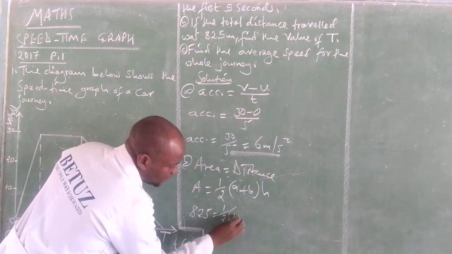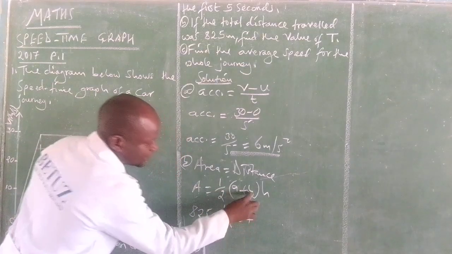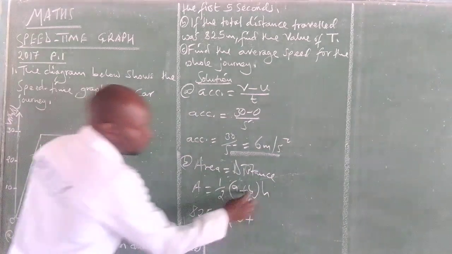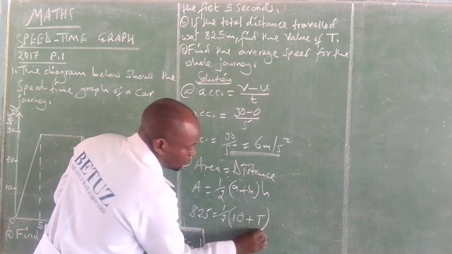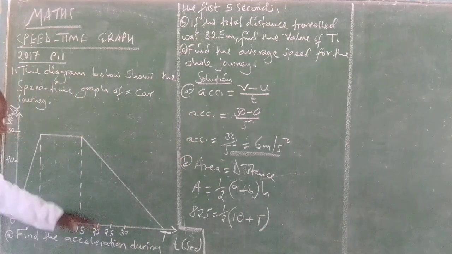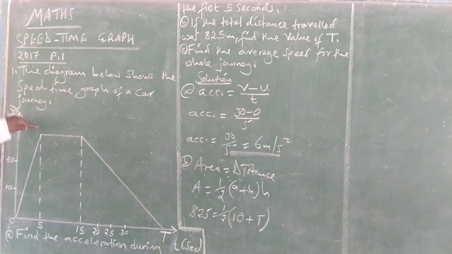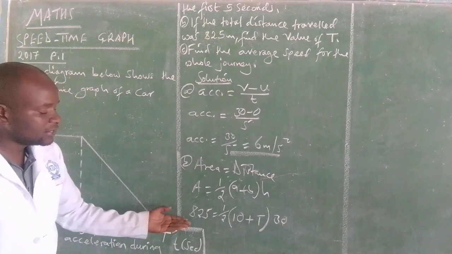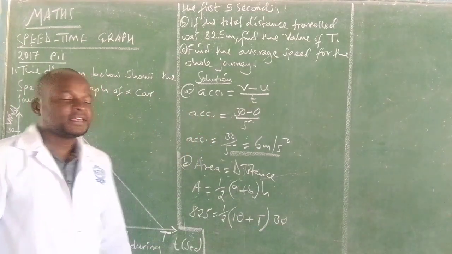So a is 10 plus b, which is t, from here to there. Close the bracket. h is the height of the trapezium. At the final point, we get 30, so the height is 30.